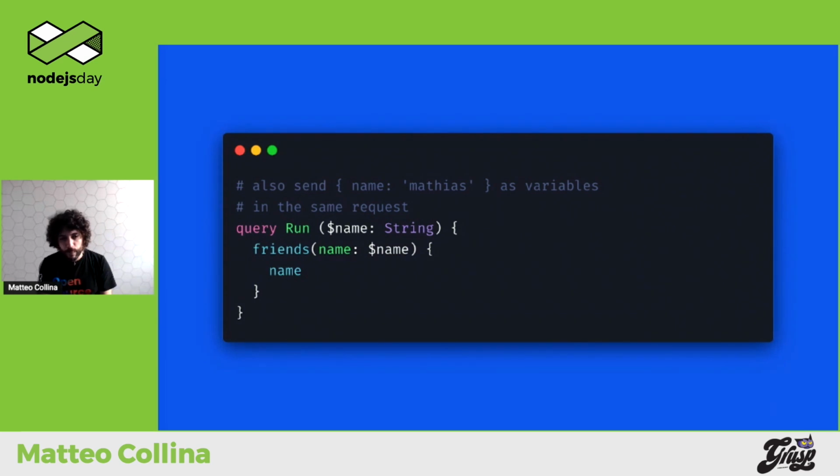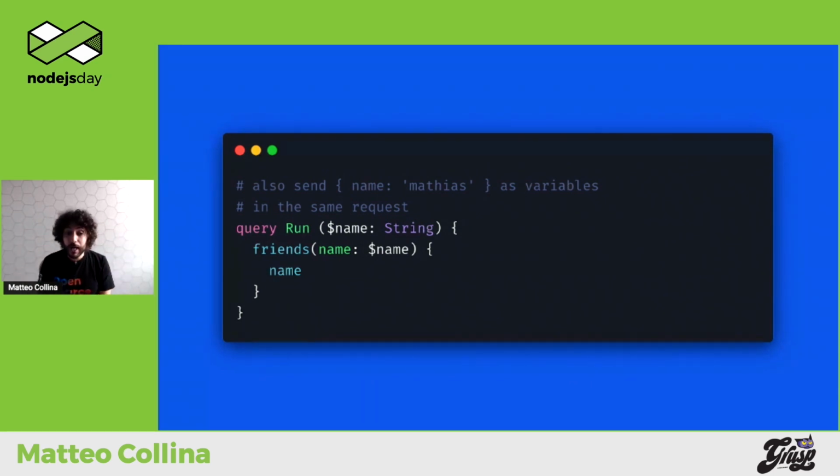On top of this, you can also use variables. You can define a query and then specify some variable, and send the query text and the variable as part of the same HTTP request.